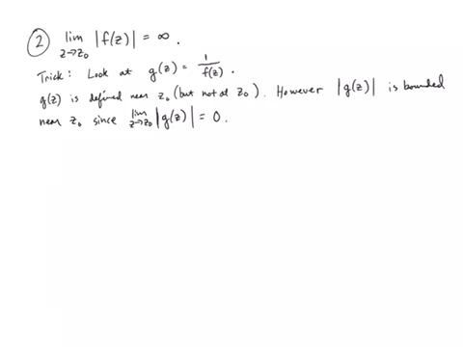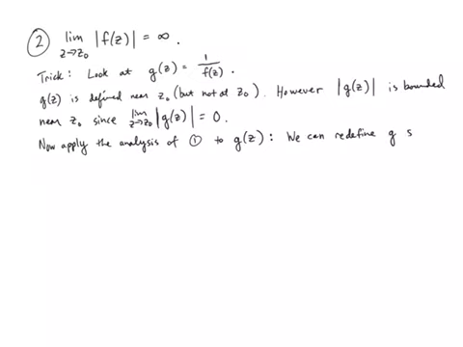Applying the analysis of part 1 to g of z, what we learn is that we can redefine g so that g of z naught makes sense, so that z naught is in g's domain, and furthermore, g of z naught equals 0 necessarily.